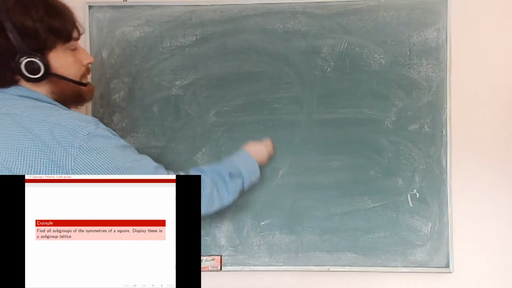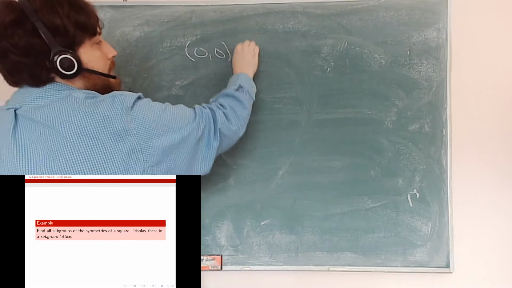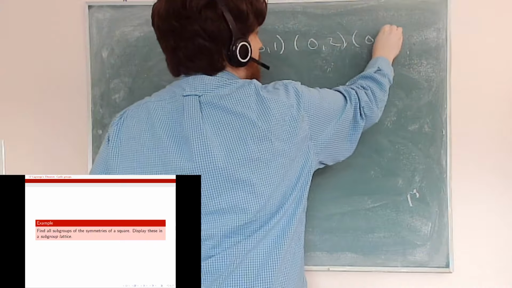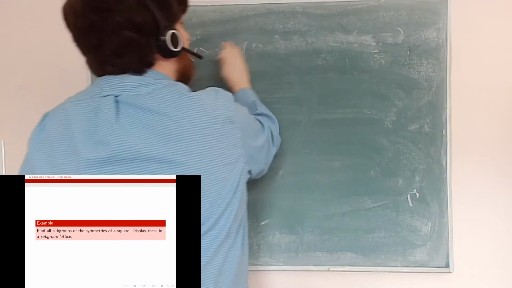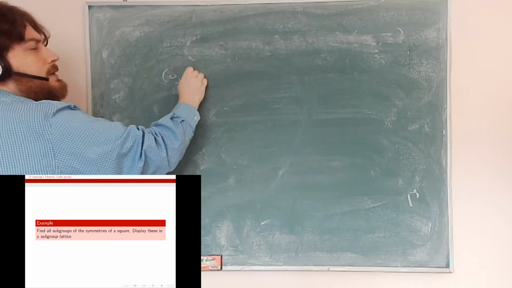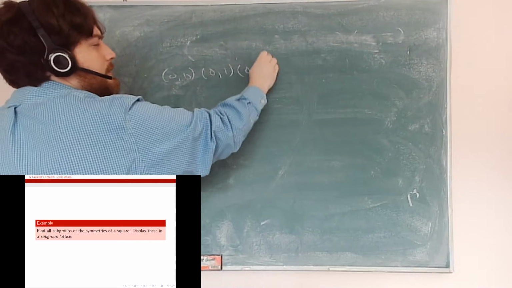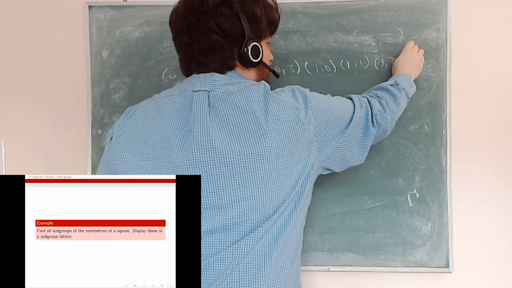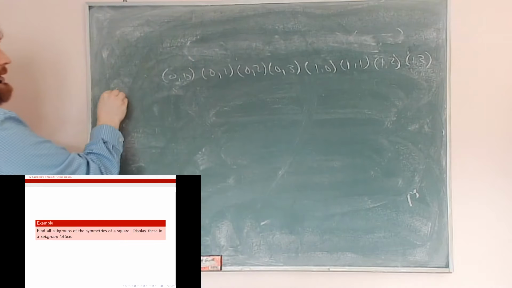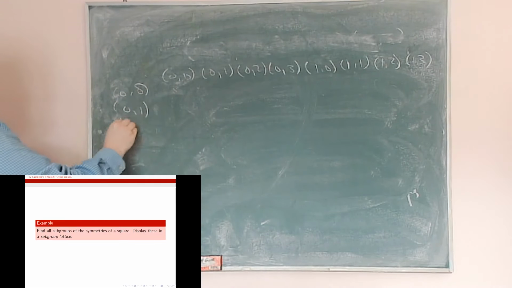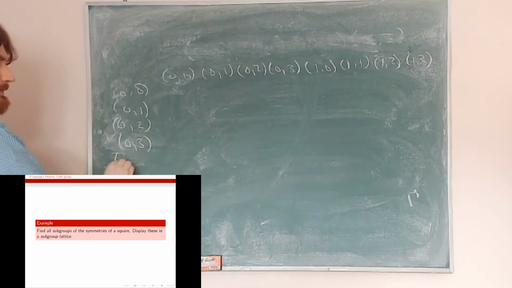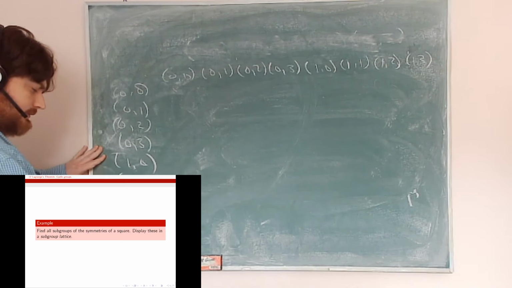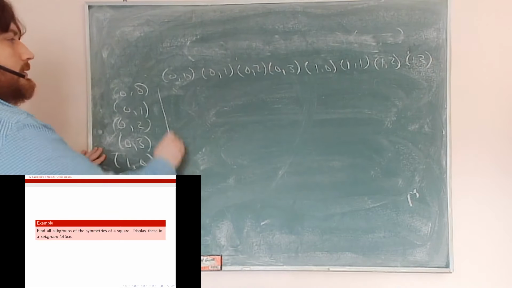So if I look at Z2 cross Z4, I'm actually going to make a Cayley table really quick. The elements are 0,0, 0,1, 0,2, 0,3, 1,0, 1,1, 1,2, 1,3.